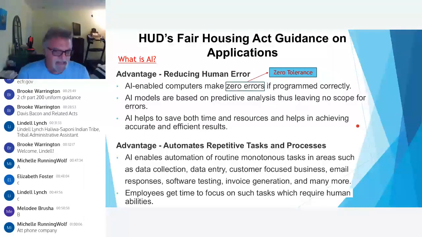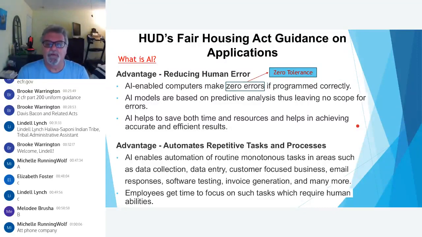As it says here, AI generally moves towards a zero error, zero tolerance calculation, and thus a recommendation or answer to a particular series of data. Zero errors, no gray, just right or wrong, on or off, zero tolerance, if programmed correctly.